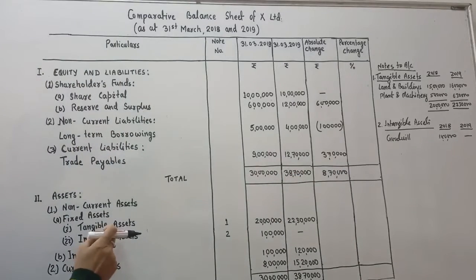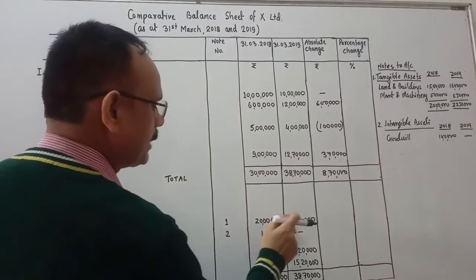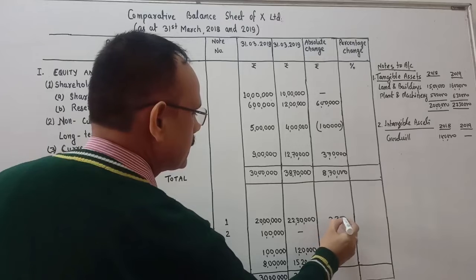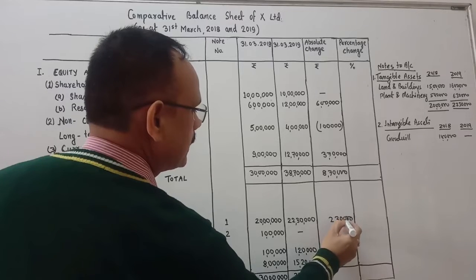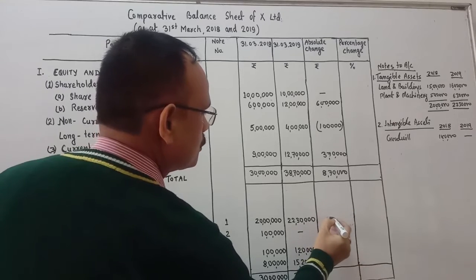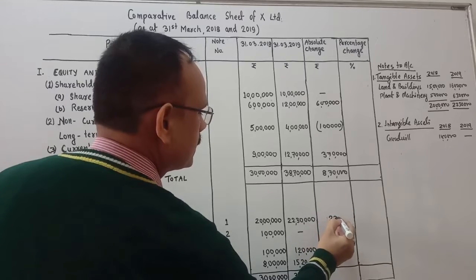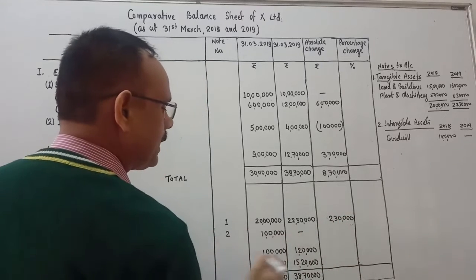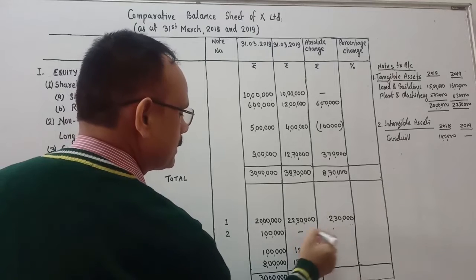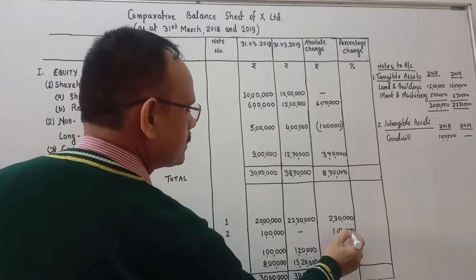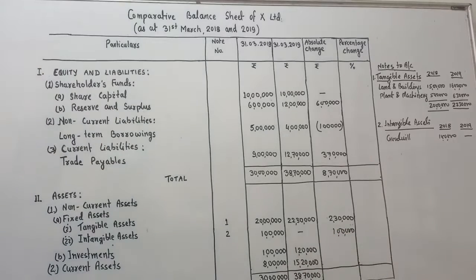Now come to the tangible assets, 20 lakhs and 22 lakhs 30,000, so it is increased by 2 lakhs 30,000. Is it clear? Next is 1 lakh.